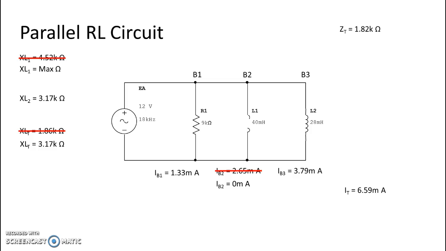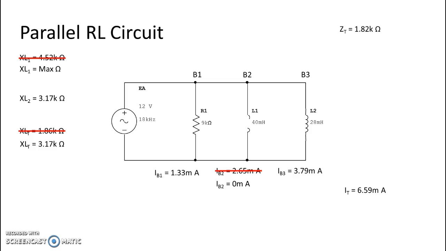All right, with the larger inductive reactance, we are expecting to see a larger impedance, which makes sense because if you think about it, when you had a pure parallel resistive circuit, so just resistors, and you took a branch away, you actually saw the resistive value increase for the total circuit. Well, you see the same kind of scenario here in an RL parallel circuit.